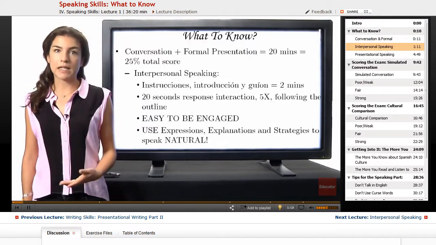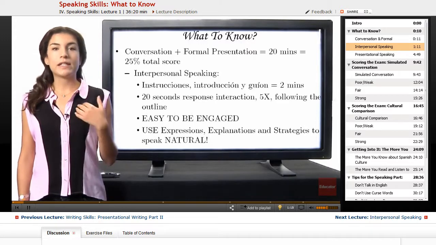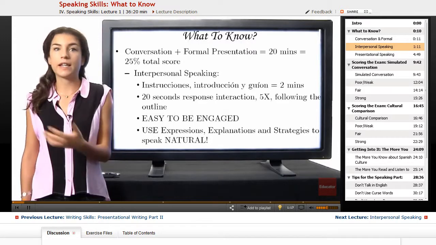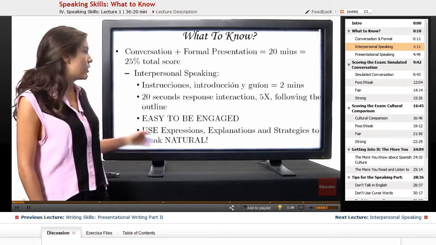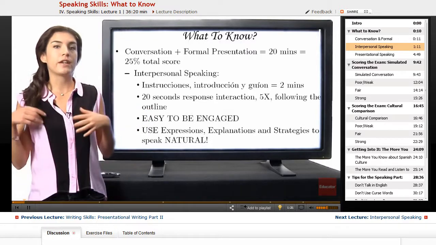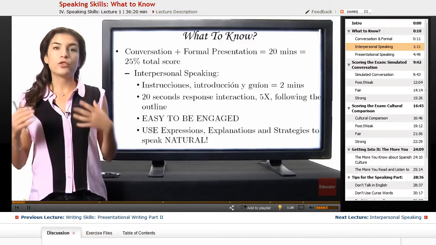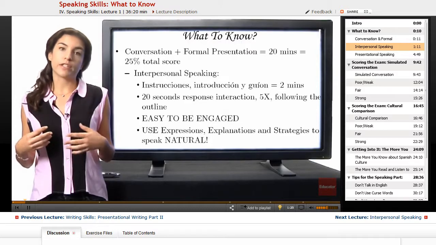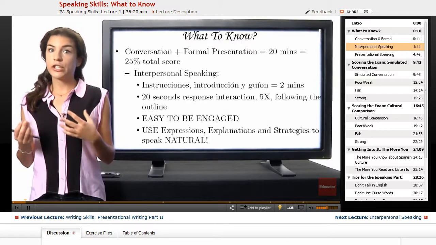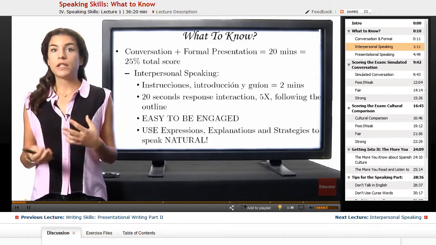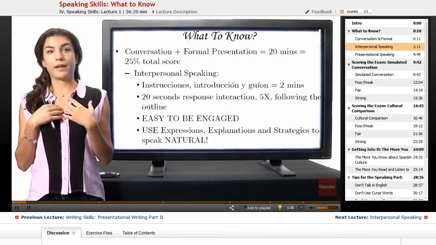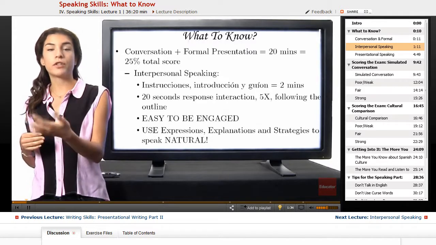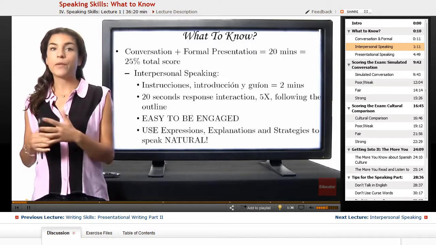What is interpersonal speaking? In this part, they want to see how able you are to communicate in a simulated conversation. First of all, you would be given some instructions and an introduction, and then the script of the conversation. The conversation is going to be recorded both ways. Your lines and the lines of the person that you are supposed to be talking with are recorded.